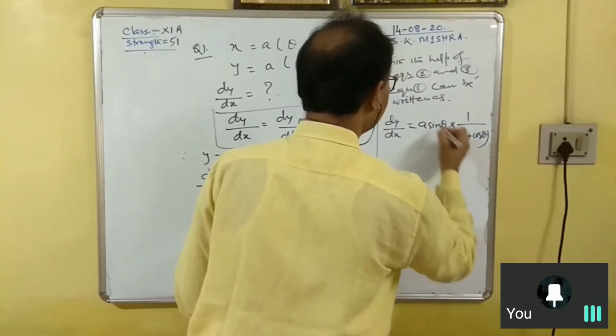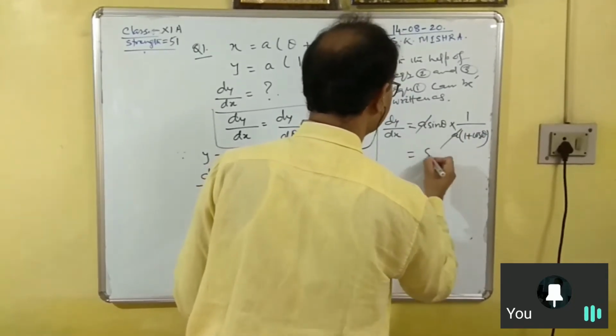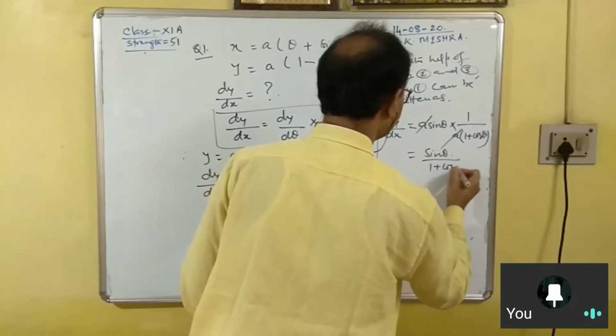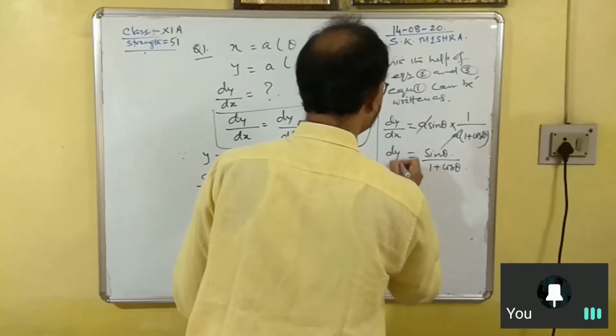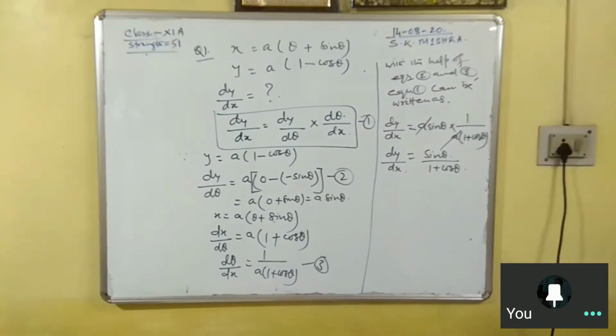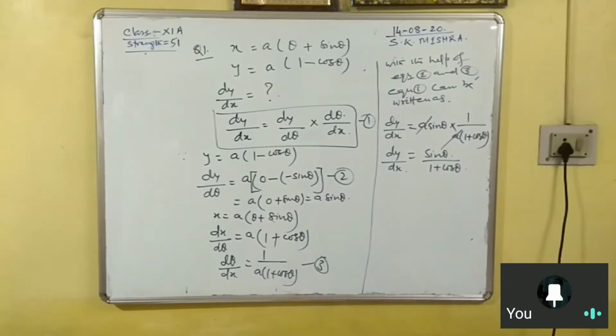Then you can cancel a from numerator and denominator, and finally you are getting sin theta by 1 plus cos theta. So this way you can find dy by dx: sin theta by 1 plus cos theta.